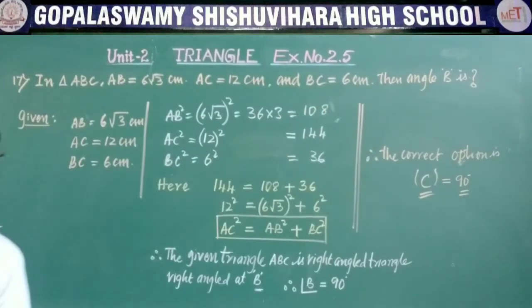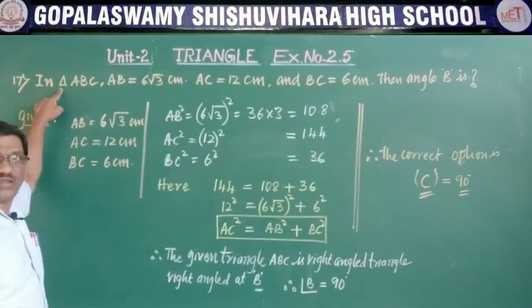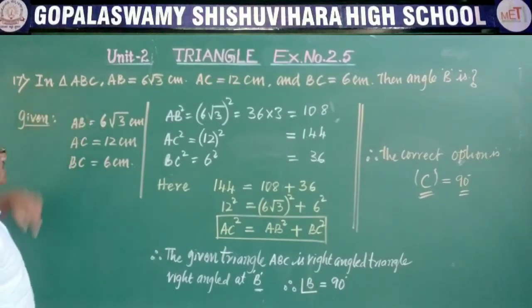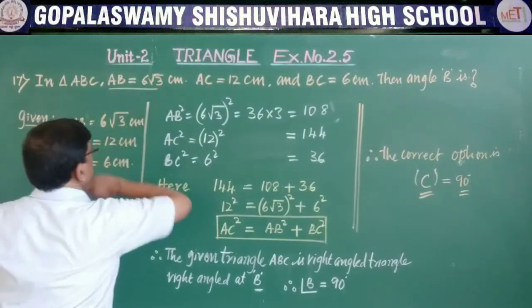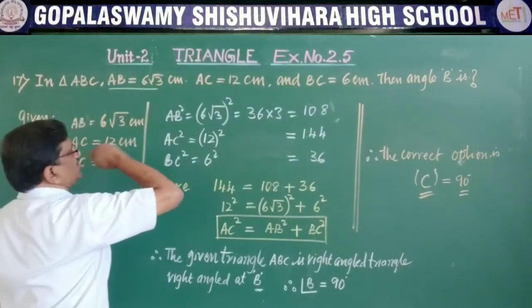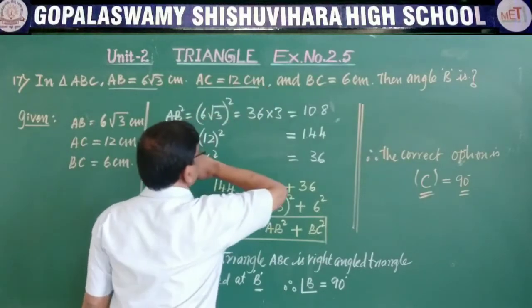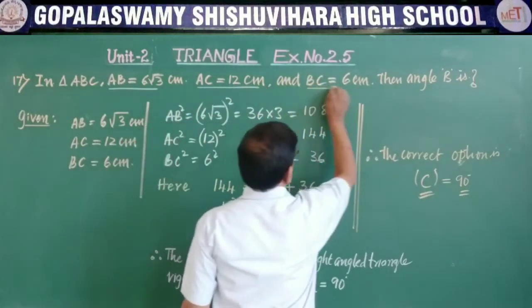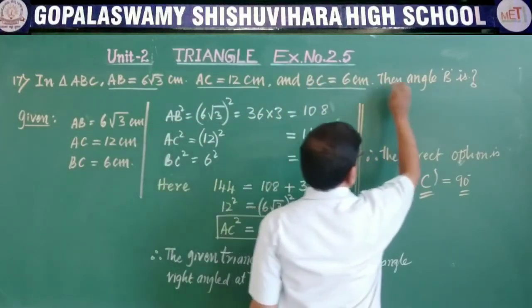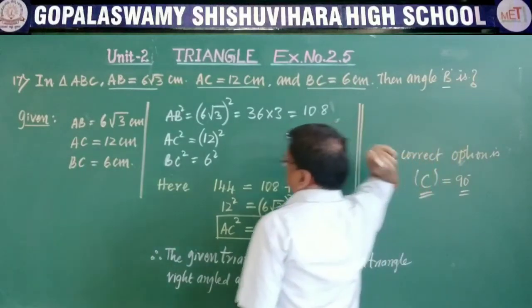Children, we shall take the last sum in the exercise, that is the 17th one. So in triangle ABC, AB is equal to 6 root 3 centimeter, AC is equal to 12 centimeter, BC is equal to 6 centimeters. Then the angle B is.